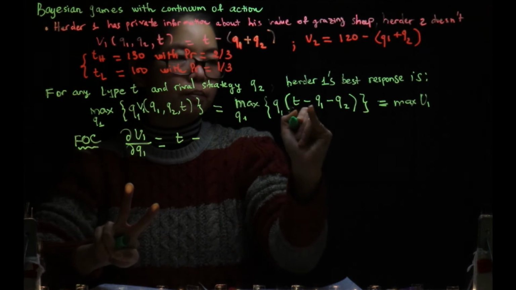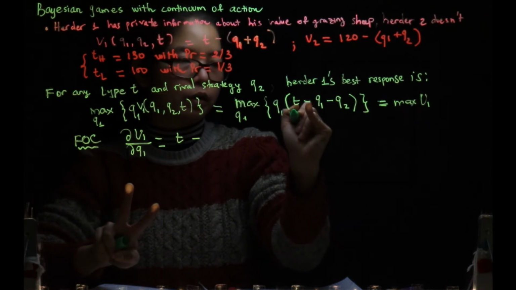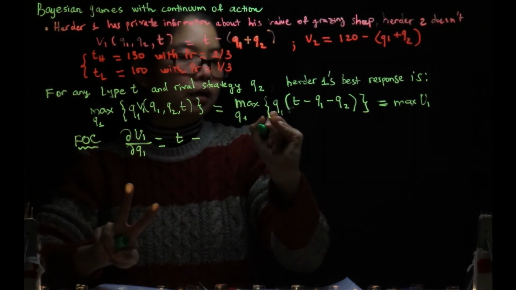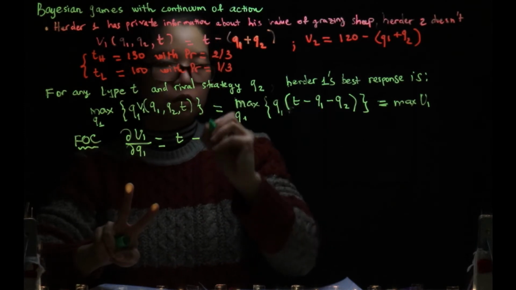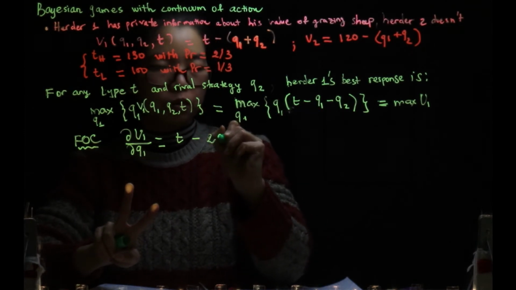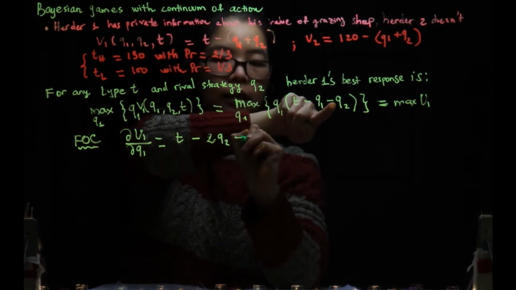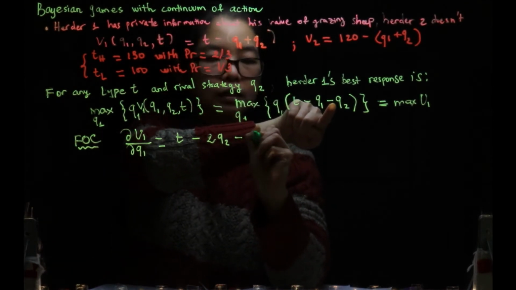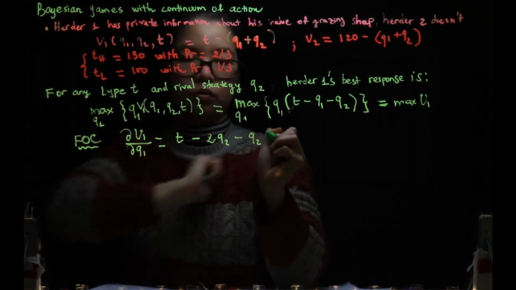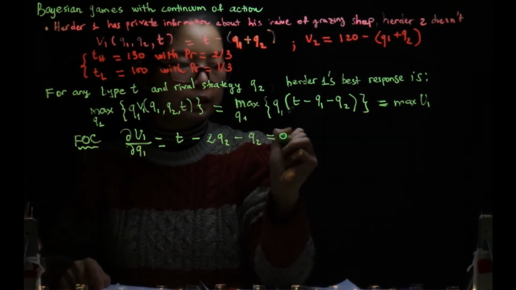The next term is minus q1 squared, so the derivative will be 2q1. And then another minus, so that will be minus q2, equals 0.